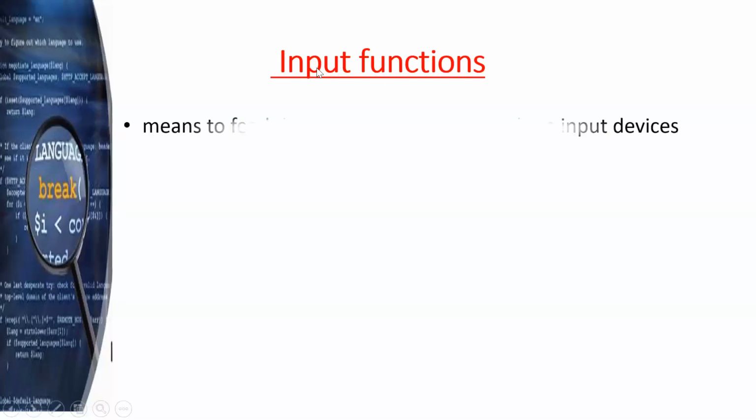The second function of C language handling is input functions. Clear? You are familiar with the word input. Input means to feed data into a computer through our input devices like a keyboard.